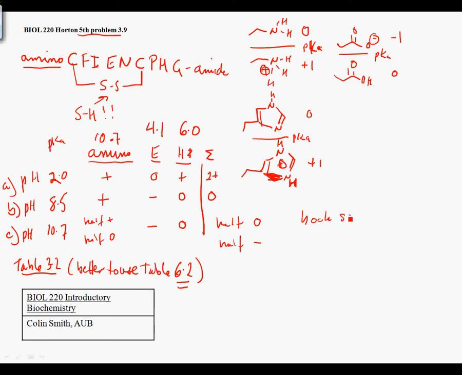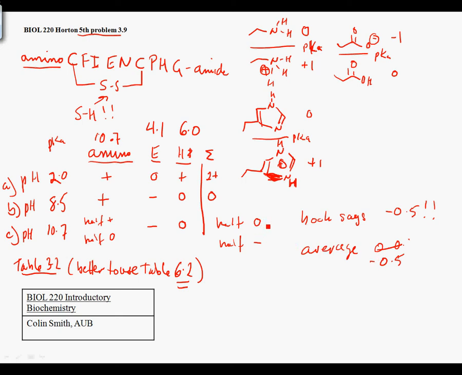The book says something a little bit odd here. It says the answer should be negative 0.5. That can be misleading. That would imply that the molecule can have half a charge, which is not true in this case. What it means is that the average charge through time can be half a negative charge, or any particular average of all molecules at once.